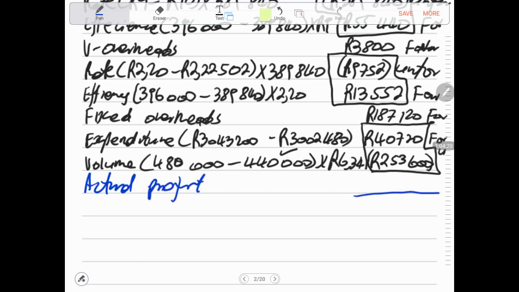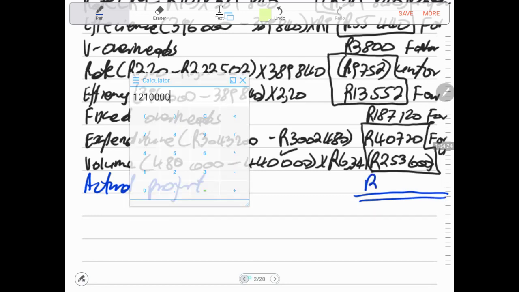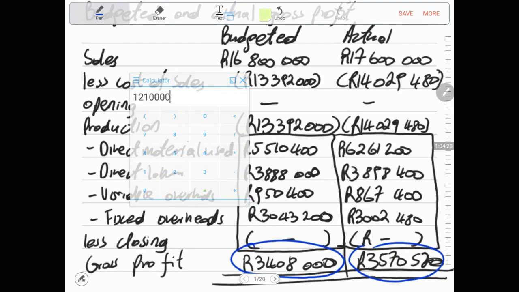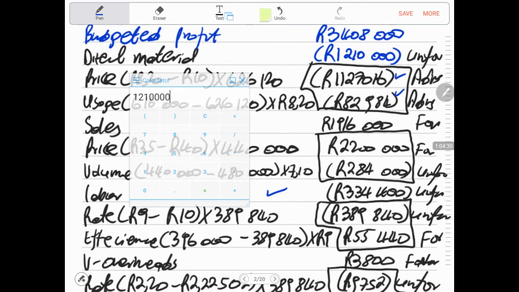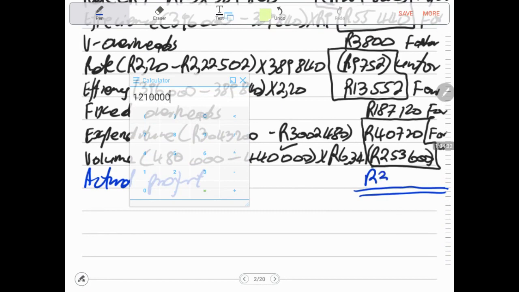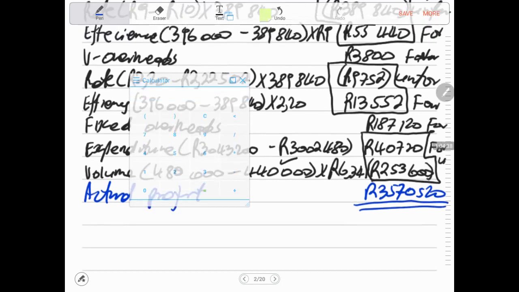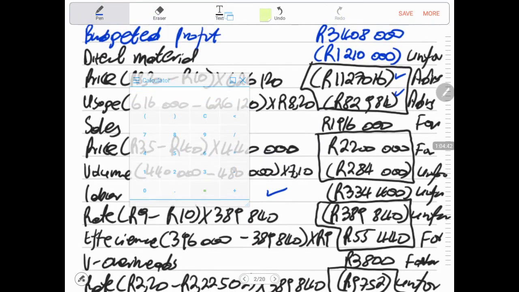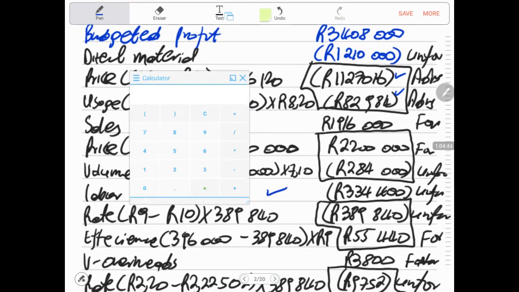And I have seen that my actual profit came to be accurate, and it is 3,570,520. And just now, to ensure that the calculations are very accurate, let me calculate now with the accurate figures.